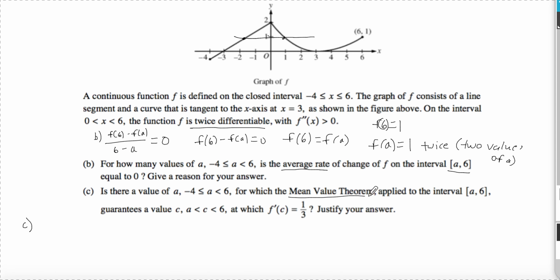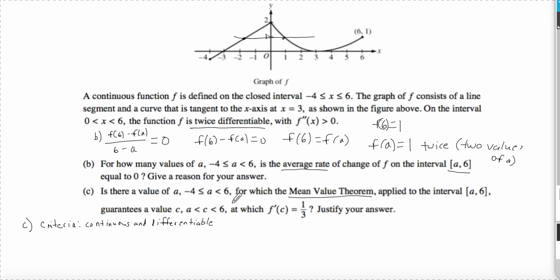So they're cueing us to use the mean value theorem, right? I know for my mean value theorem, criteria-wise, I need to make sure that I'm dealing with something that is continuous and differentiable, right? And this is sort of our key lever into this more difficult question.